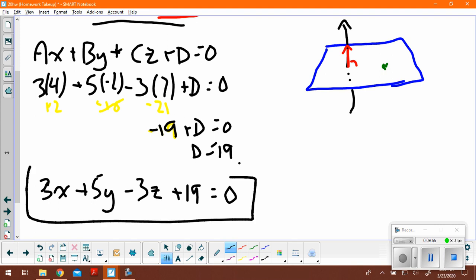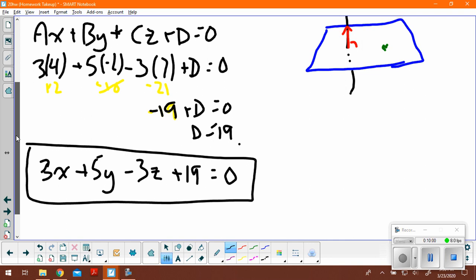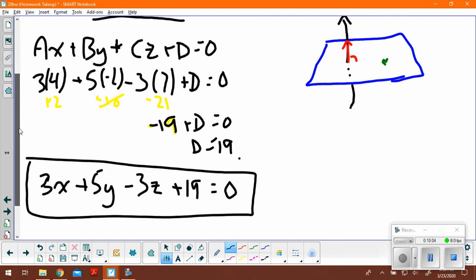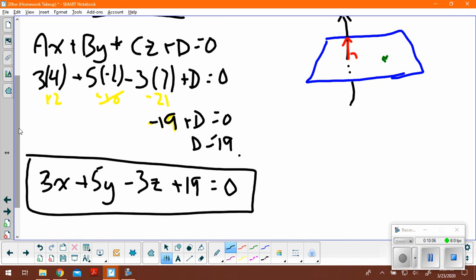So the question is now, how do I go to vector form from here? We haven't directly talked about how to do this, but let's think about what we need. To create the vector form, I need a point, and I already have the point. That was this 4, -2, 7.